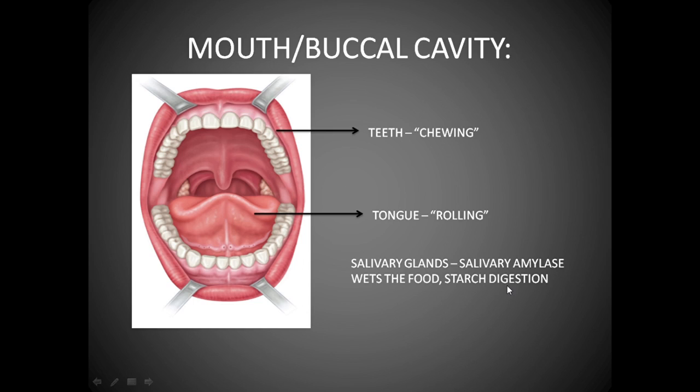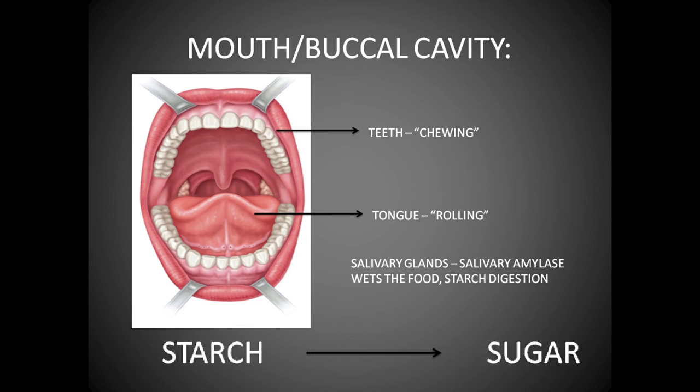The next thing is that starch digestion takes place. Whatever starch rich food we are taking in, its digestion first starts in the buccal cavity. Here the conversion of starch into simpler sugars takes place.